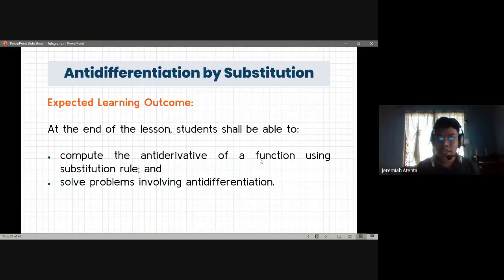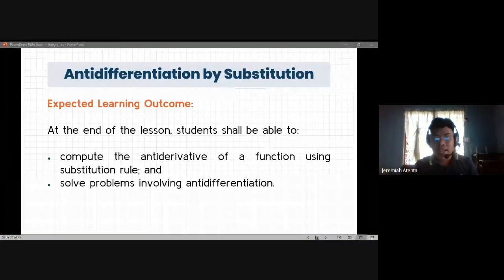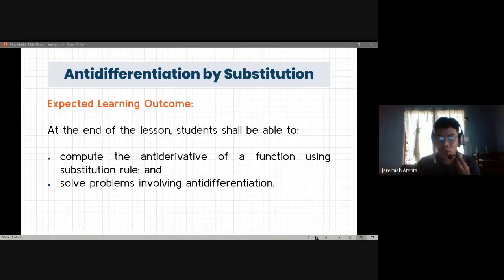Under this lesson, you are expected to first compute the antiderivative of a function using substitution rule and solve problems involving anti-differentiation.